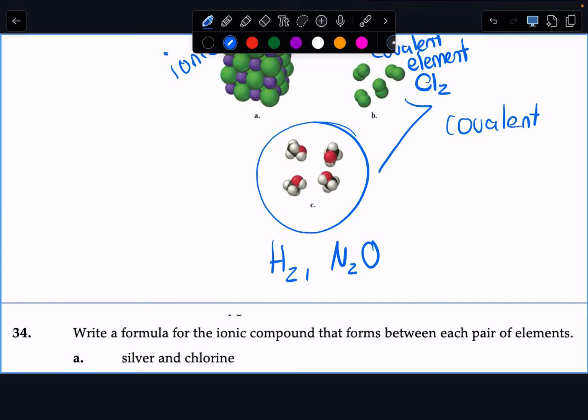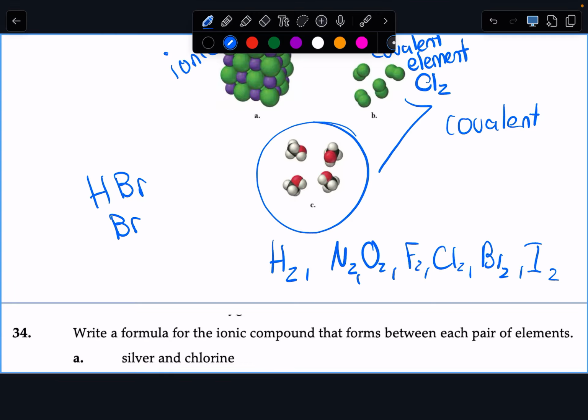So N2, O2, F2, Cl2, Br2, and I2. Those are the ones that you're never going to see by themselves. Either they'll be in a compound like HBr, but you'll never see just Br by itself. It'll always come as Br2. So when it says hydrogen gas reacts with such and such, it doesn't mean H, it means H2.